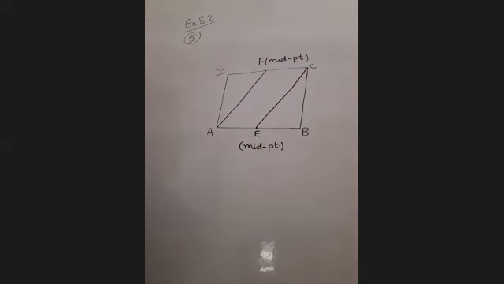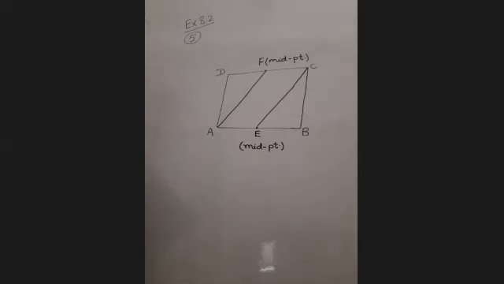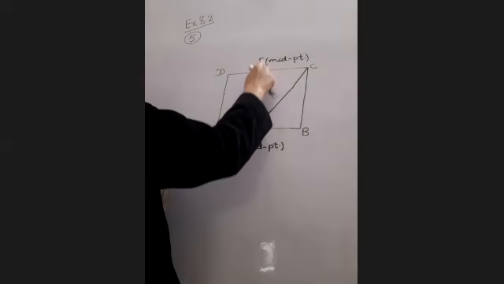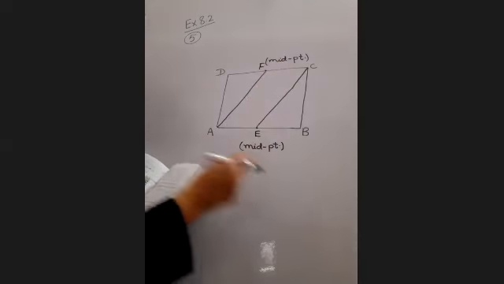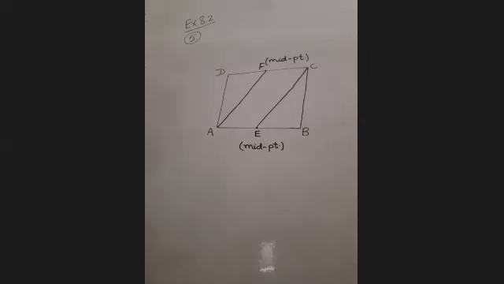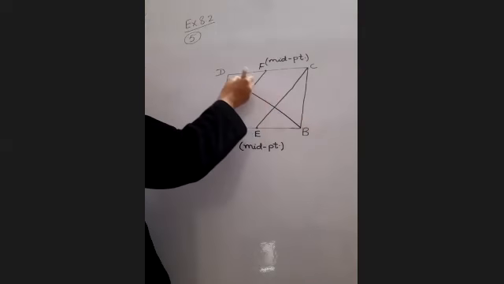Trisect. What do you mean by trisect, beta? What is the meaning of trisect? Divide into three equal parts. We have to show that line segments AF and EC trisect BD. BD means we need to join BD as well.